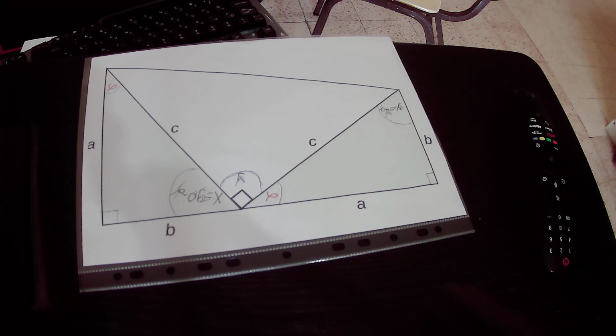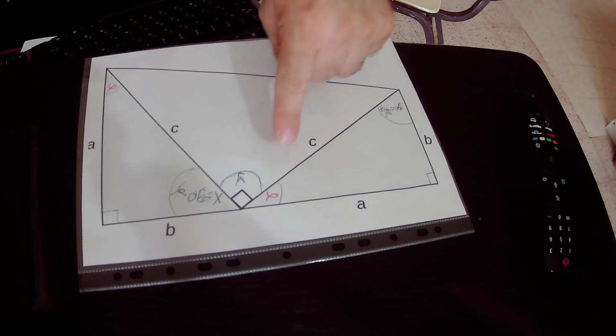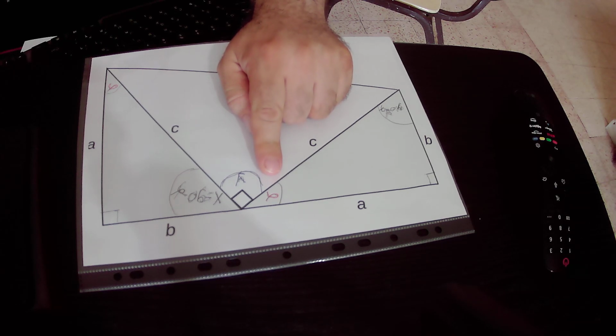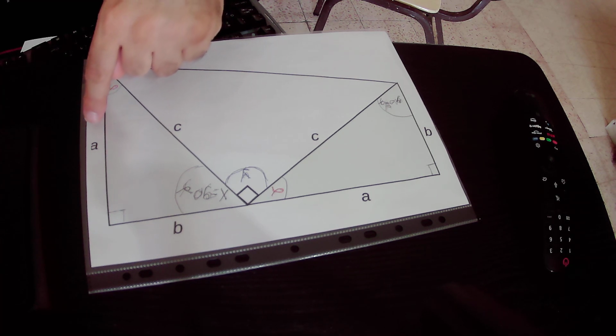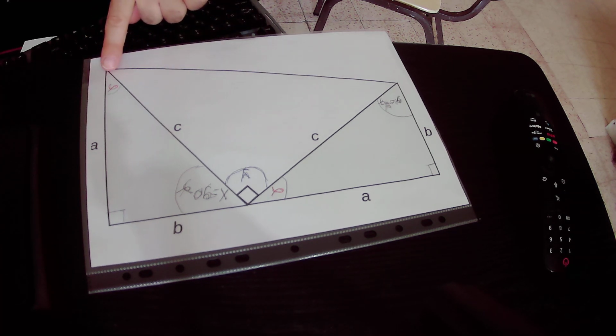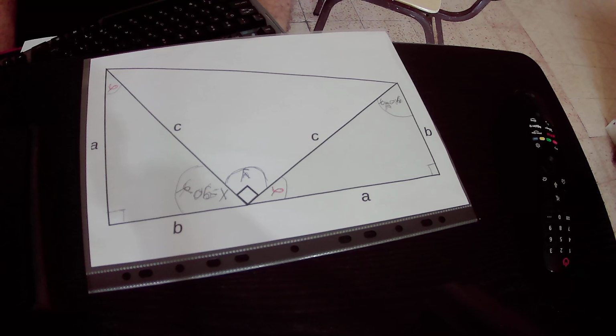Now let's mark the angle between side A and side C with alpha. The angle between side A and side C in this triangle is marked in red with alpha. Also the angle in this triangle between side A and side C is marked in red with alpha. As we know, the sum of the angles in a triangle is equal to 180 degrees.